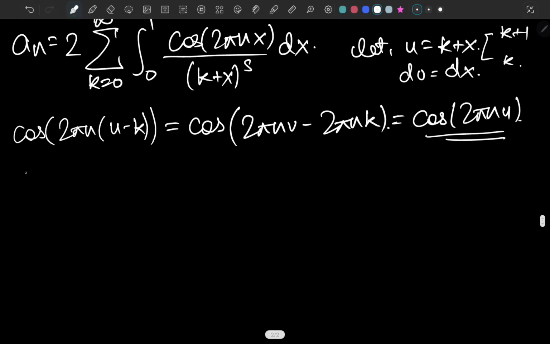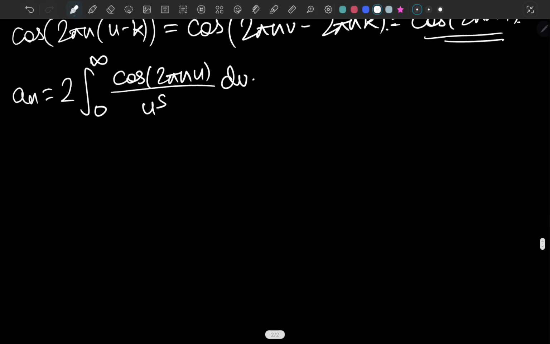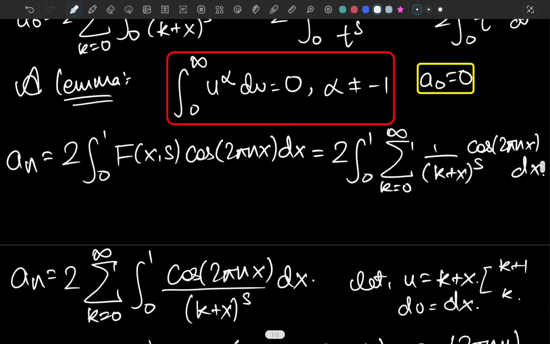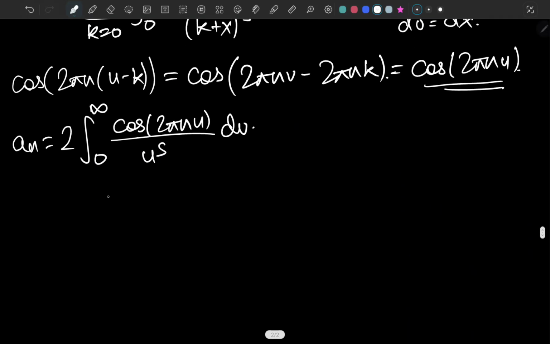So right, basically a sub n is coming out to be 2 times the integral from 0 to infinity, and we have just used the infinite sum there, of cosine of 2 pi n u over u to the s du, right? And similarly, if we go through the same process that we went through for a sub n, we can talk about b sub n as well here.